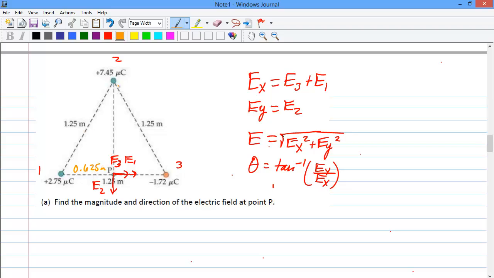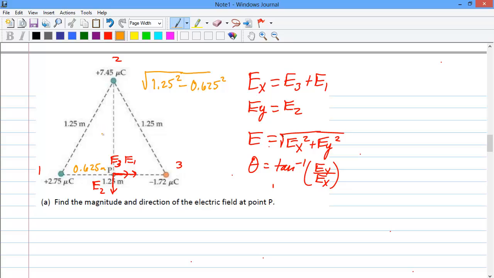Now, looking at the distance from charge 2 to point P, I use the Pythagorean theorem. I'm looking for one of the sides, so what I would be looking for is the square root of the hypotenuse, 1.25 squared, minus the other length, 0.625 squared.